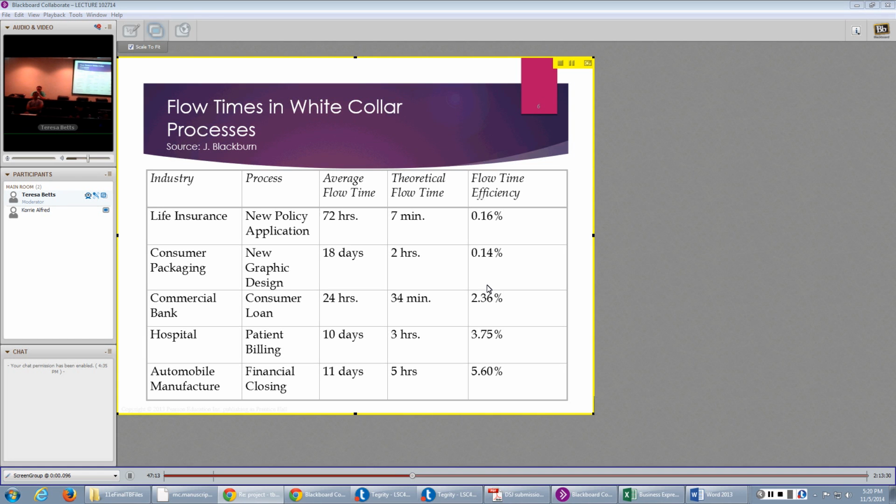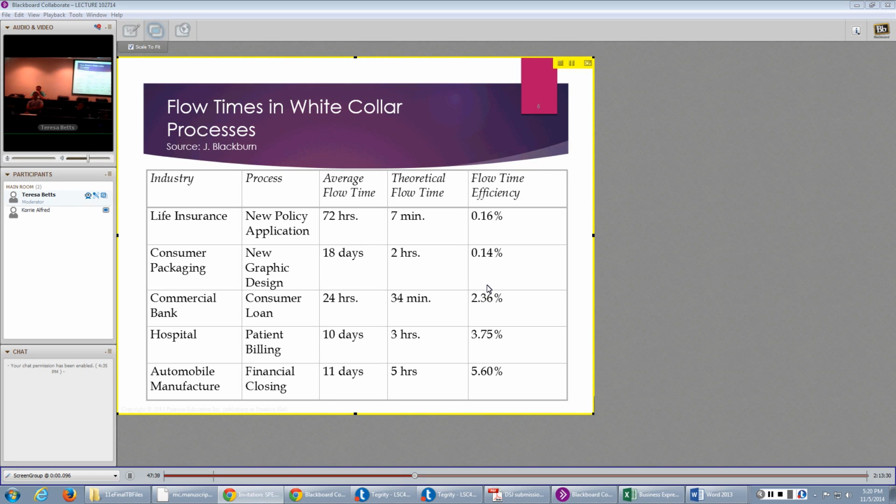And so if you think about the life insurance industry, a new policy application oftentimes takes 72 hours from the time that an application enters the process until it exits the process. The value-added activities in that are actually 7 minutes worth of time. So the flow time efficiency is less than 1%, right?